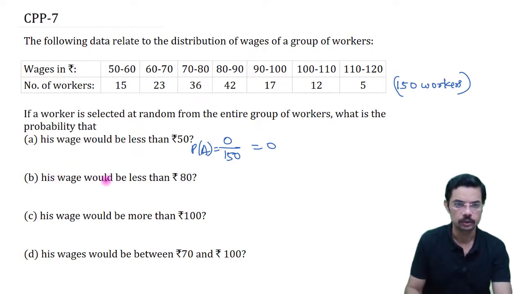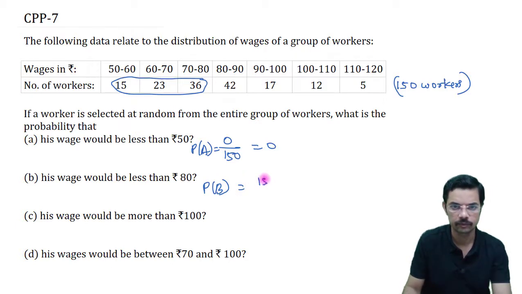Next, his wage would be less than 80. Less than 80 means it could be 50 to 60, or 60 to 70, or 70 to 80. So it will be these people. Suppose this is B, then probability of B would be equal to 15 plus 23 plus 36 divided by 150.